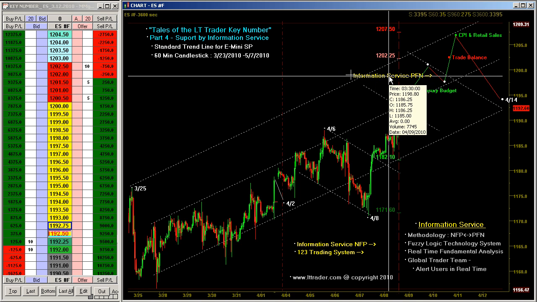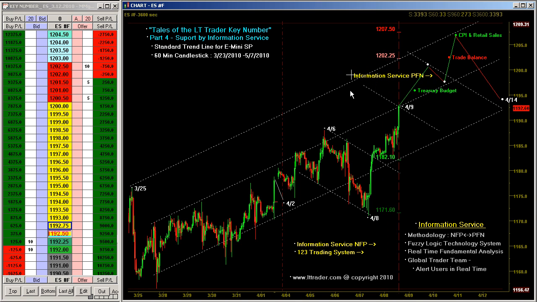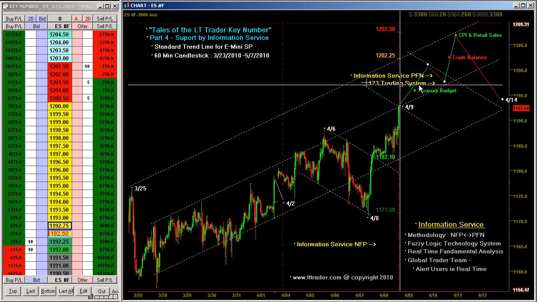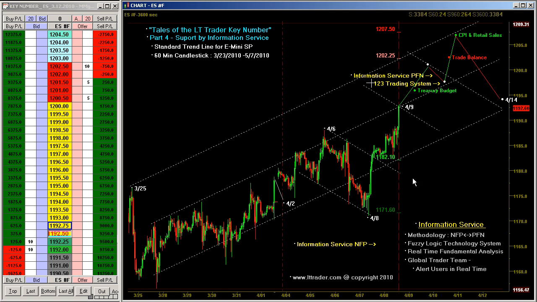So let's look at the 2 possible scenarios that could occur at this point in time. And let's add in LT Trader's patented methodology of price factor to news and news factor to price to make our trading decisions given the reports that are going to be released. First, if you want to continue to capture the current trend to the key number price of 1207, you'll need additional data from the LT Trader Information Service of price factor to news.